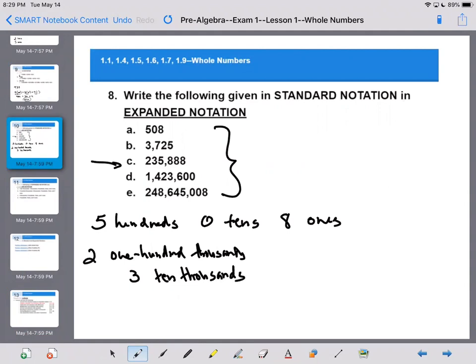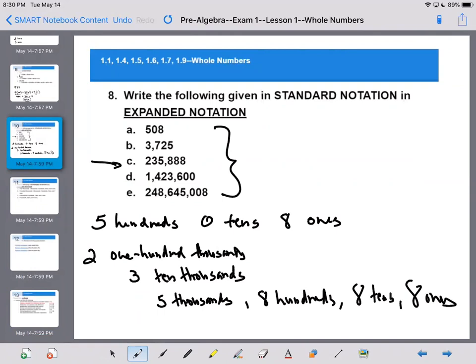There's 5 thousands. There's 8 hundreds, 8 tens, 8 ones. So we're just representing that 2 is in the 100,000 spot. So I need to see the 100,000s, the 10,000s, the thousands, the hundreds, the tens, and the ones as we expand that.